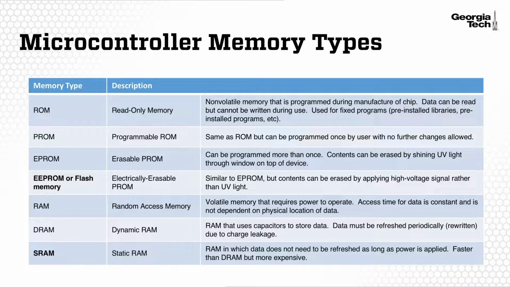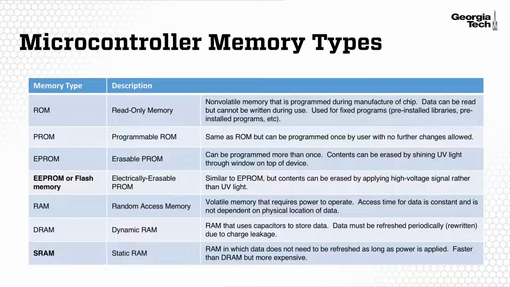There's a lot of different types of memory on board microcontrollers, and this table shows a lot of detail about each of those different memory types that you might find. But the most important are EEPROM or flash memory and static RAM or SRAM. These are the two most common types of memory spaces you'll see on a microcontroller.